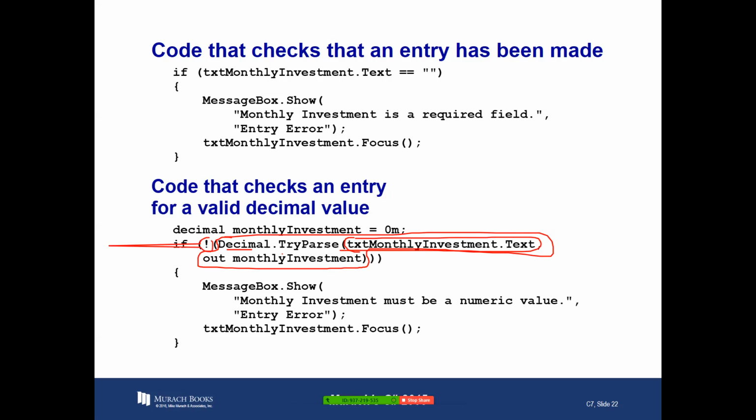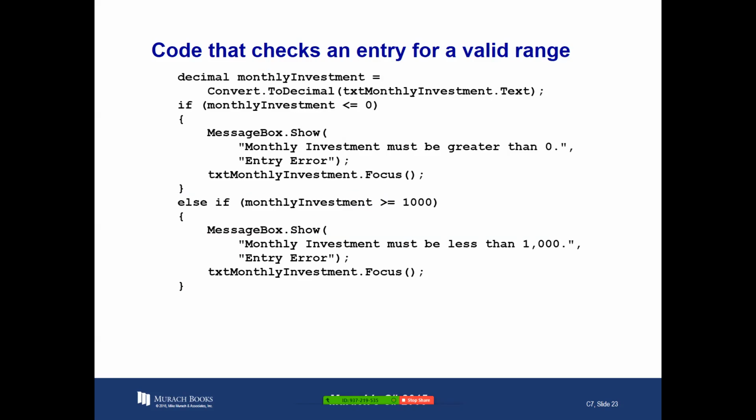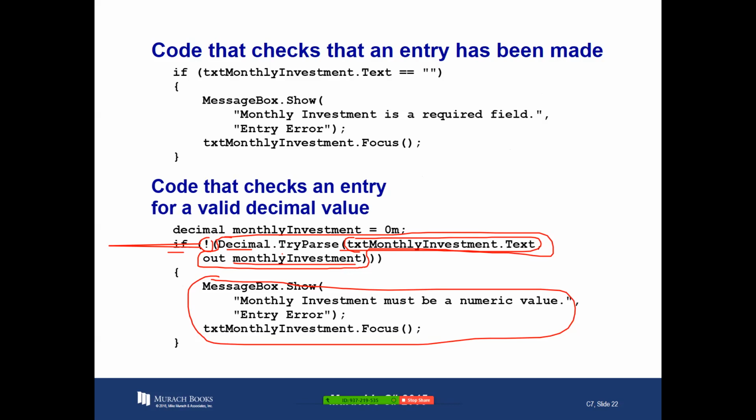And so the way this if works is if it's not convertible, then it's going to display this message. If it is convertible, then it's going to stick the value into this monthly investment variable, and it'll take the else part, and there is no else part.